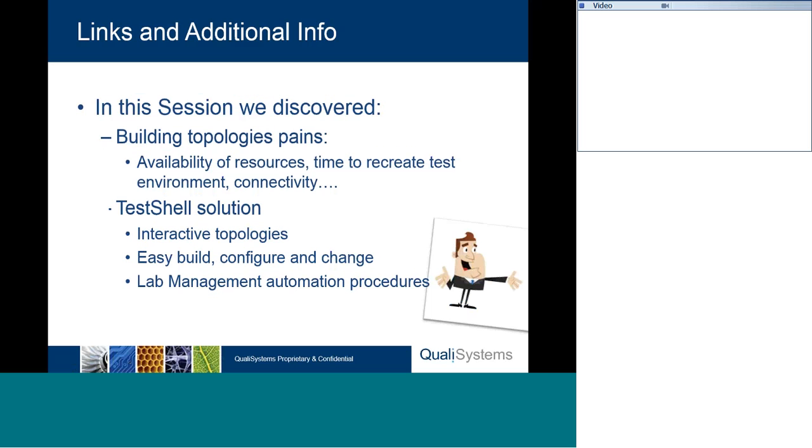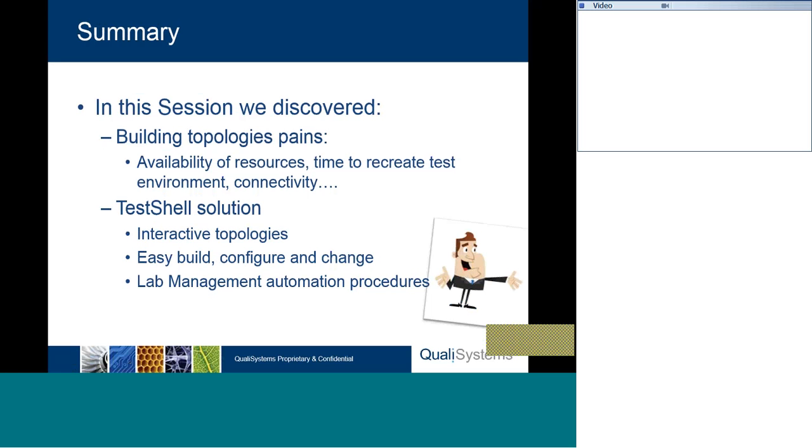So just to summarize this short presentation, in the session today we saw what the pains in building topologies are. To summarize it: the availability of the resources, the time to create a test environment, and figuring out the connectivity between them and making the connections. And we saw what the test solution is and how it helps us.